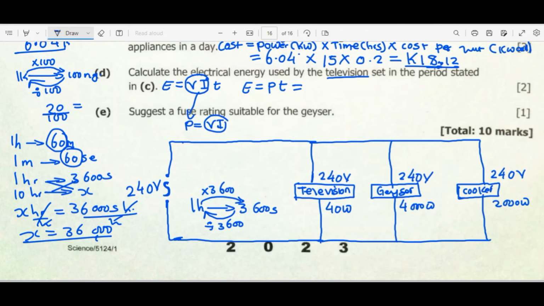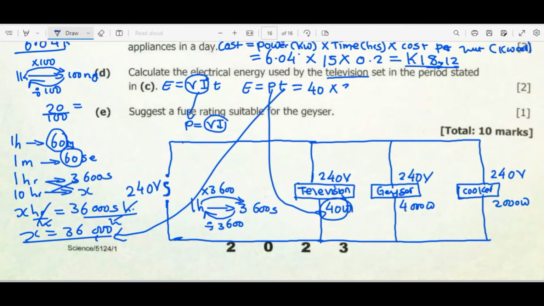Why do we need power? Because we are given power, we don't have current. So the power for the television is this number, 40. That's the number that I'm going to put here, times time. The time that we have found is this number here, 36,000.